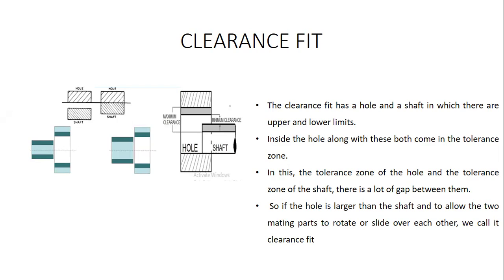In this type of fit, the tolerance zone of the hole and the tolerance zone of the shaft will have some clearance gap between them as shown in the figure. Say if the hole size is larger than the shaft, we can make the shaft freely rotate inside the hollow part feature. In that aspect, we call it a clearance fit. It is called a loose fit.